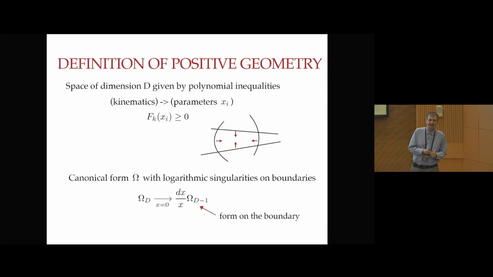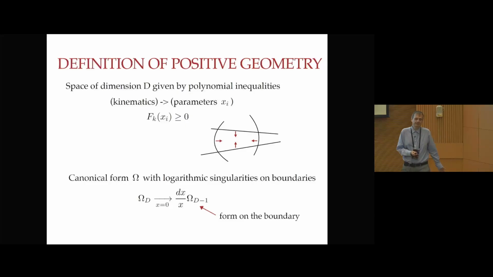We start from some kinematical variables like the momenta and polarization vectors, and we map them to some parameters. There will be either some x_ij parameters or momentum twistors and so on, but it doesn't matter. In general, there are some parameters x_i which parameterize our kinematics.